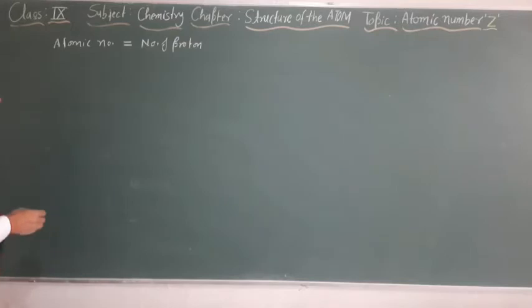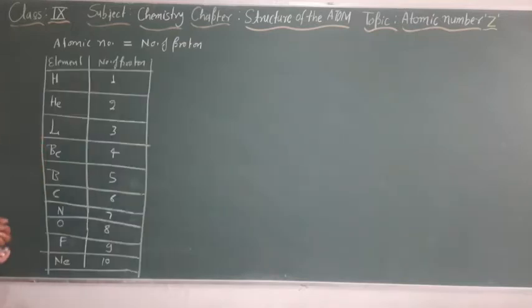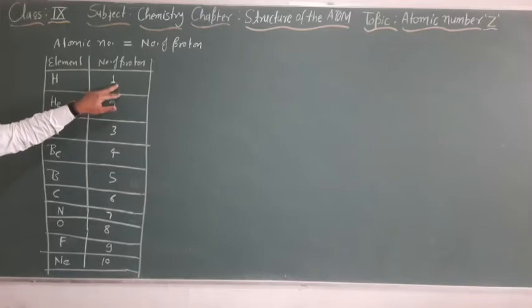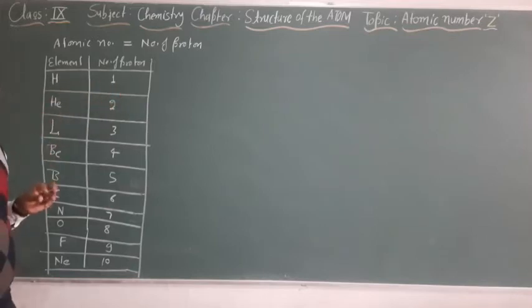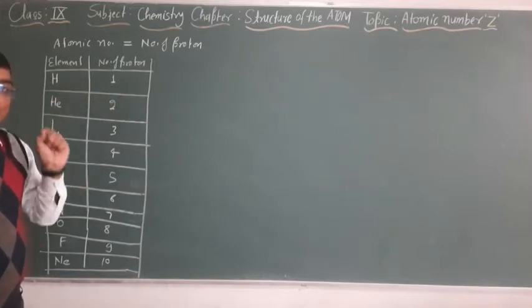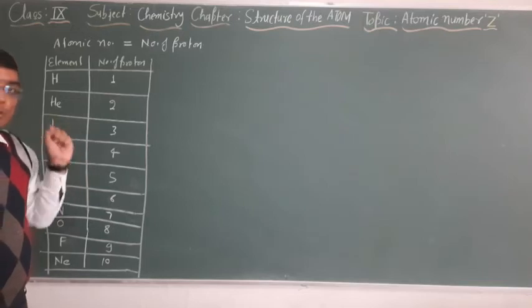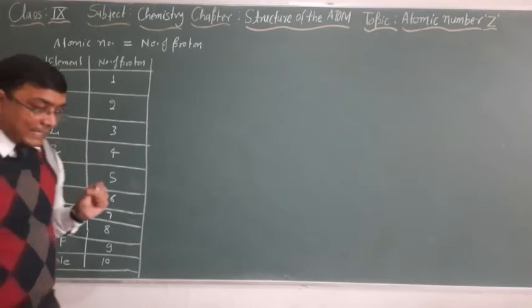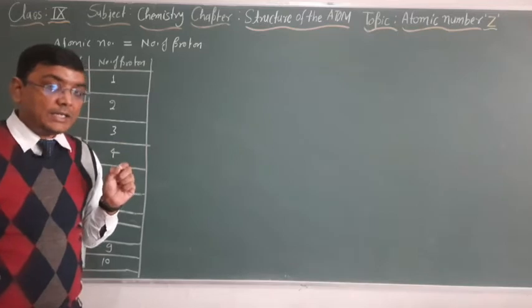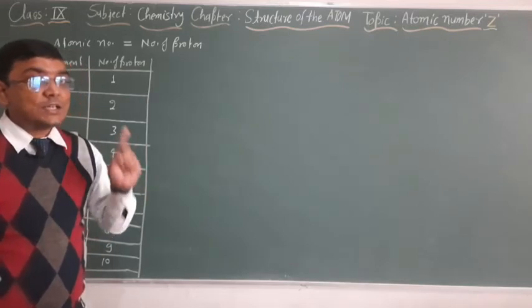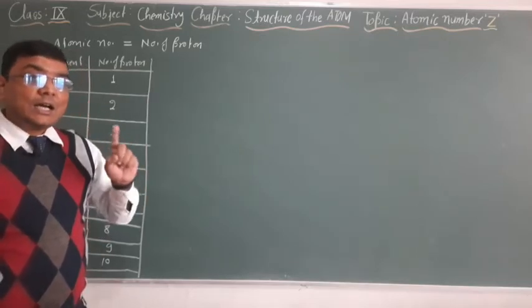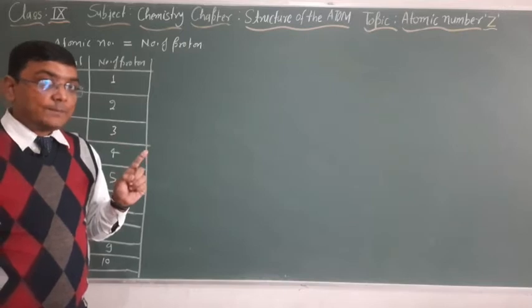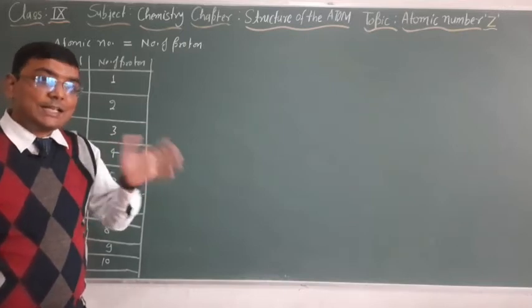Let us understand with the help of atoms. The atom with one proton belongs to hydrogen, and those atoms have similar properties because they have only one electron in their energy level.